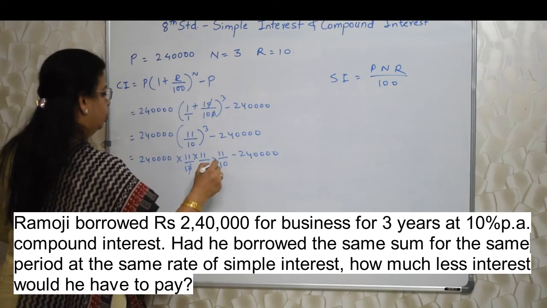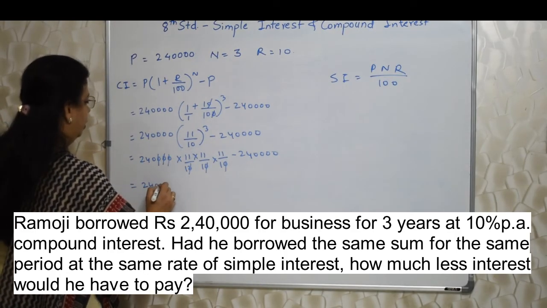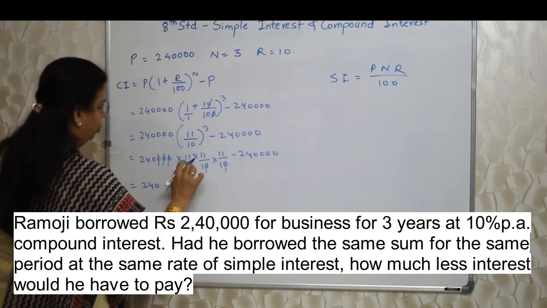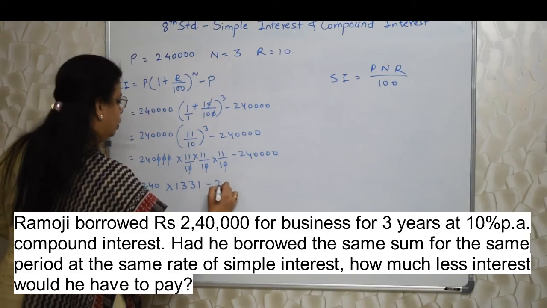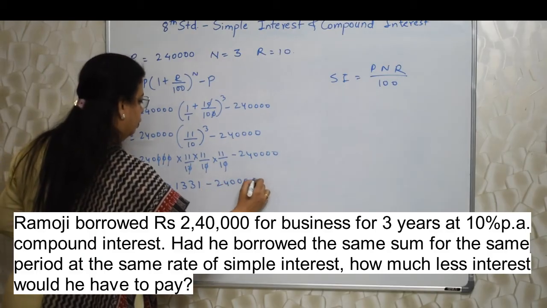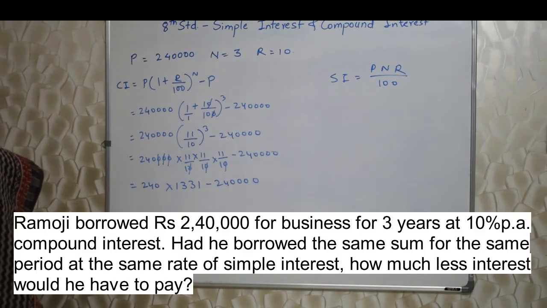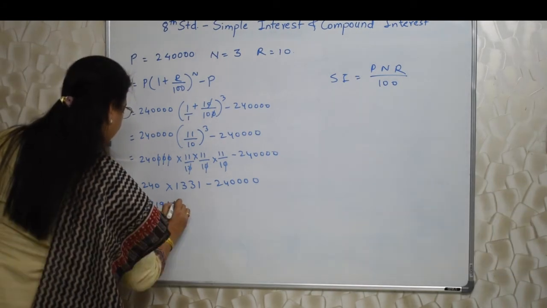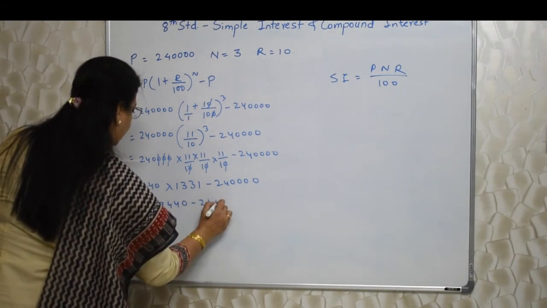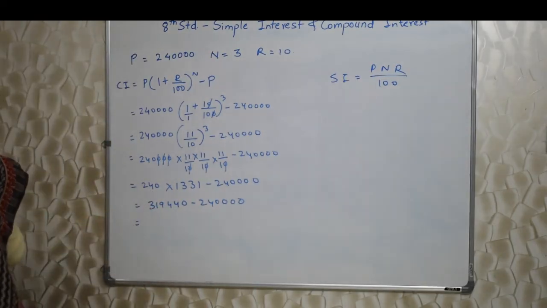These 3 zeros will go with this. 240 into, by now you know, 11 cube is 1331. Okay, minus 2,40,000. First we need to multiply this 240 into 1331 and then subtract 2,40,000 from that.